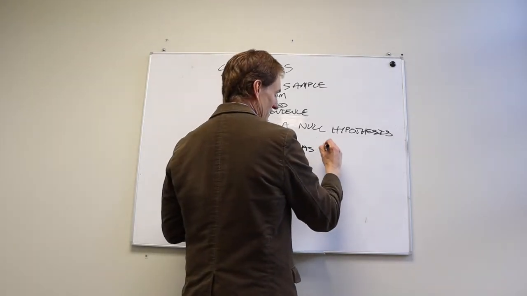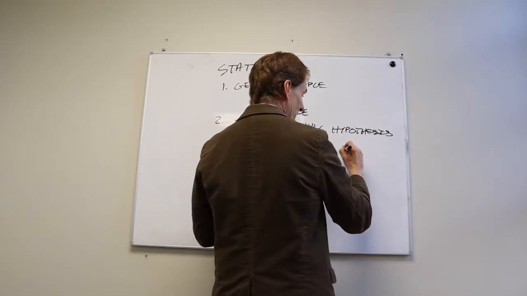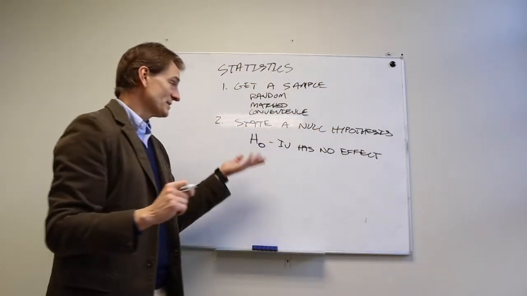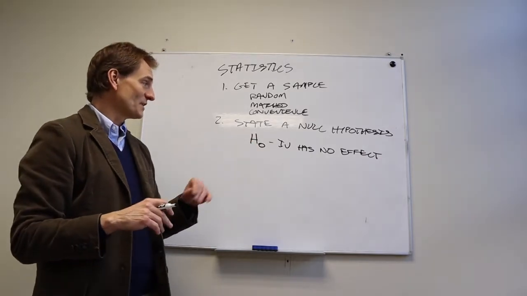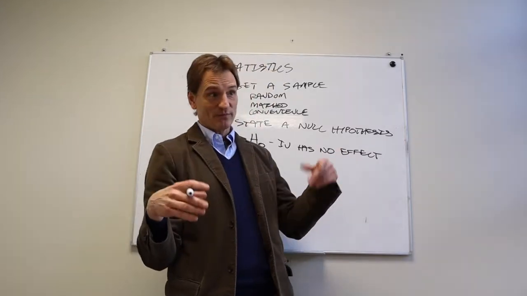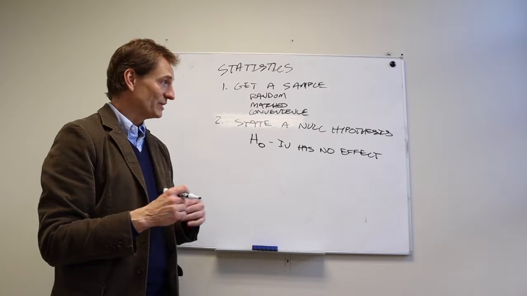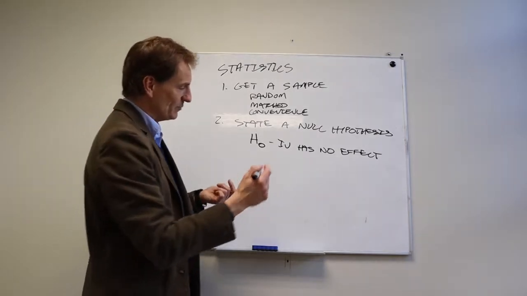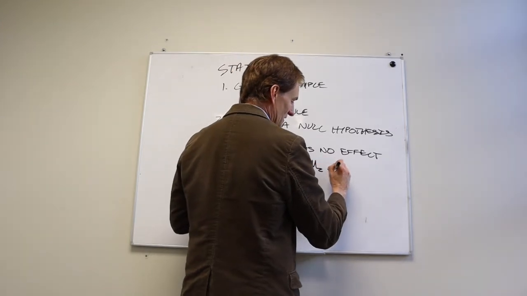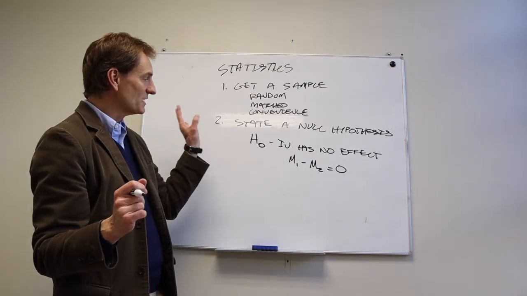It has no effect, no statistically significant effect. It's usually represented in terms of means. If you're talking about a t-test, mean 1 minus mean 2 is equal to 0, that there's no difference. That would be a good example of a null hypothesis.